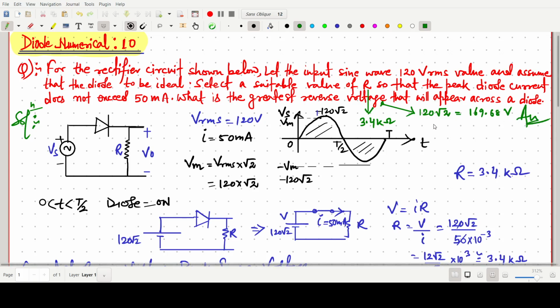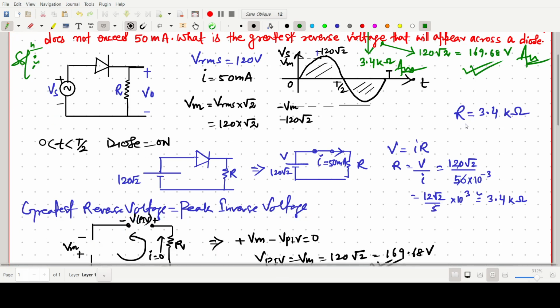So this is all about this question. This is a very simple question from the Microelectronics Circuits book. This was the simple half wave rectifier, and the peak inverse voltage is also Vm. Thank you for watching this video.